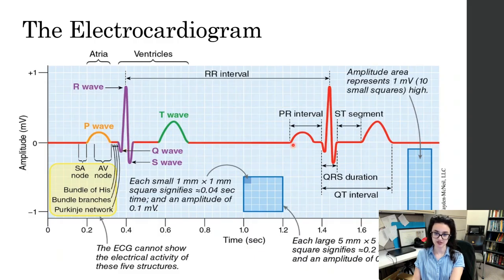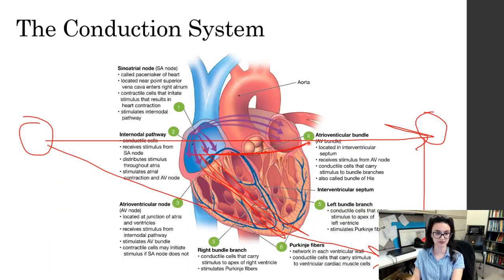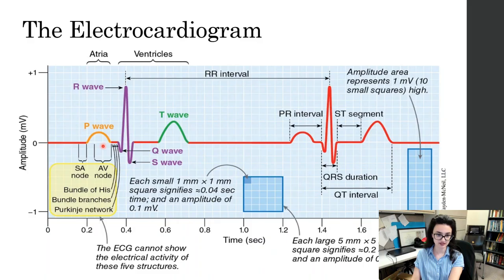But here's the thing, if we start the cycle over, we can't depolarize the atria again because they're already depolarized. You have to repolarize the atria, meaning we have to relax the atria. If the atria are contracted and they stay contracted, you can't contract them again. They have to relax, just like a muscle. That's what the heart is. It's a muscle. So atria contracted, ventricles contracted.